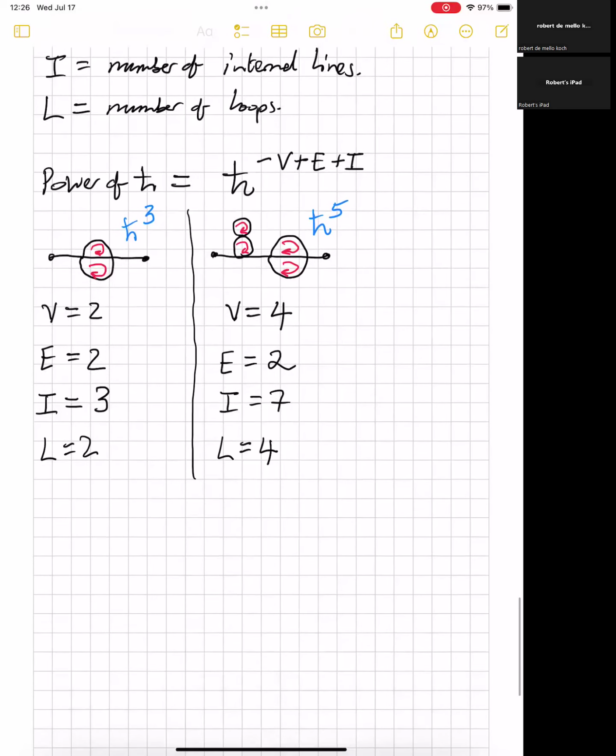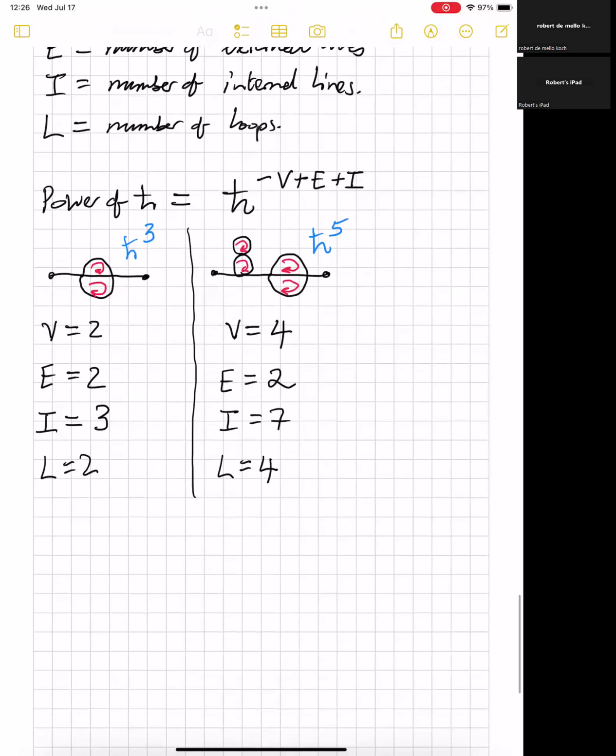Okay, I'm going to quote a formula now that I am going to prove later in the course. For now, I'm just going to quote it. We'll prove it actually when we study renormalization, but for now, I just want to use it. So the number of loops is actually equal to the number of internal lines minus the number of vertices plus 1.